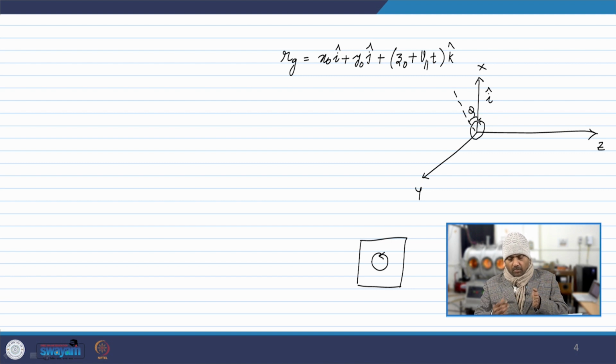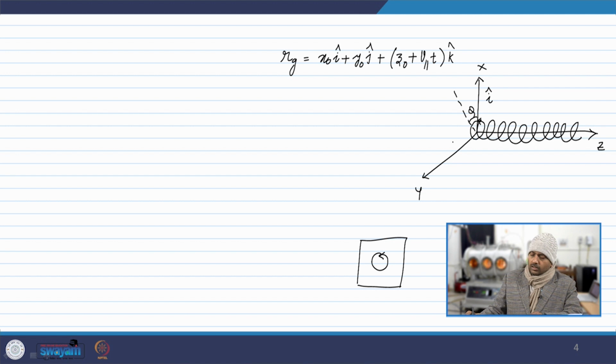Rather, it will continue to move this way. You have to forgive the way I have drawn it, but the message is conveyed. So, this is the Vz, and the circular motion, like I said many number of times, is because of the square root of Vx square plus Vy square.